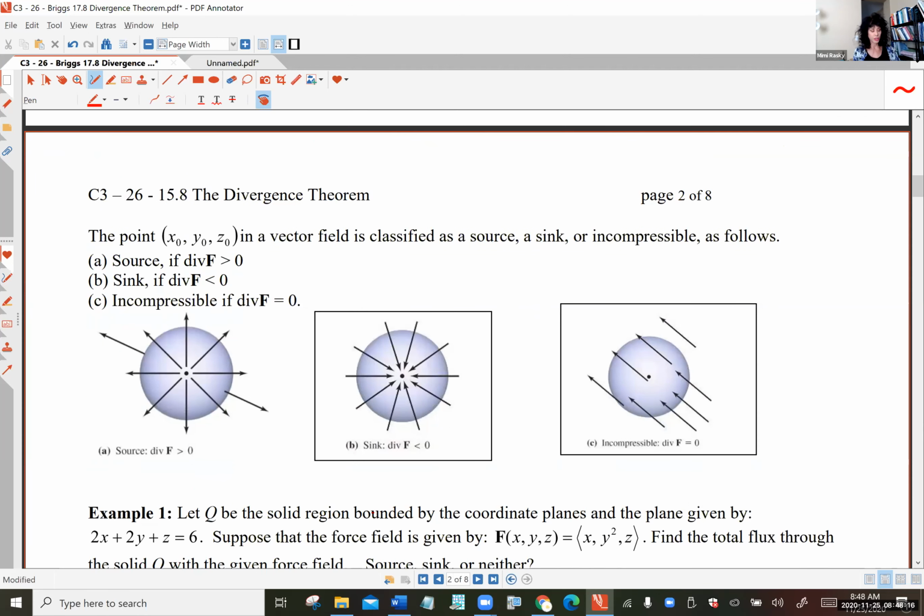So here's a picture. Let's say you submerge this sphere into some vector field. I always like to think of the vector field as the velocity field of jacuzzi water flowing around. If more of the water is flowing out of the boundary than flowing in, you call it a source, and that means your divergence is positive.